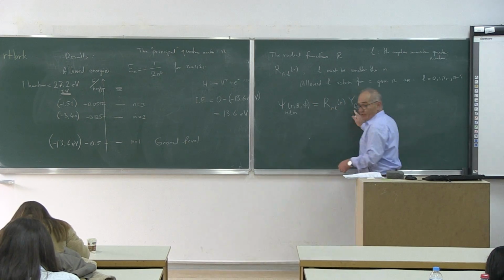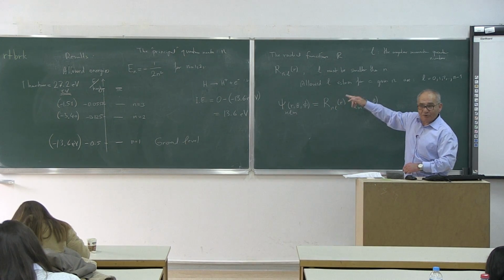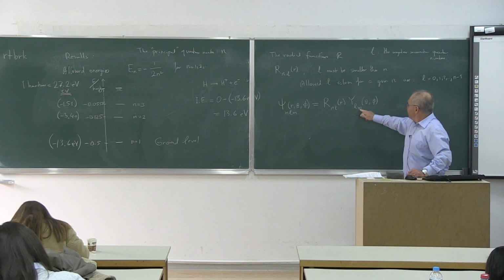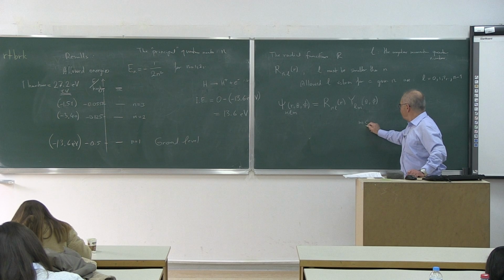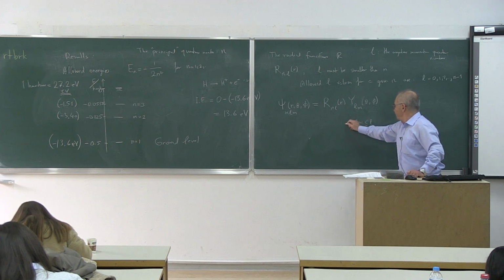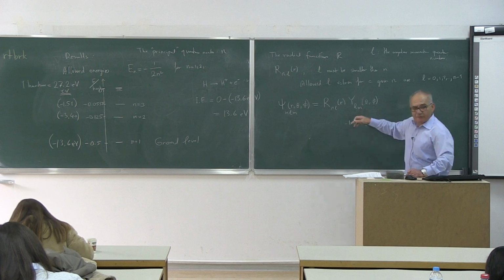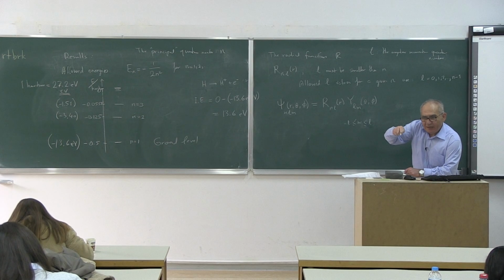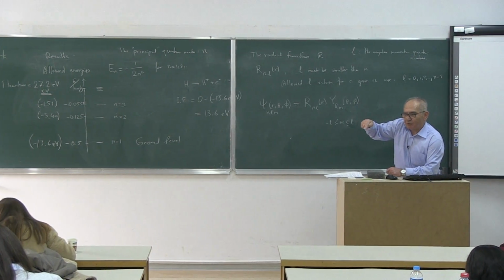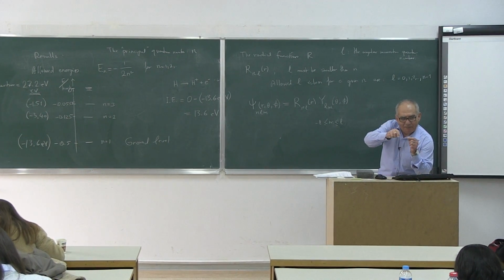We had discussed in the rotation problem that the m quantum number here is a number between plus L and minus L. Therefore, for a given L value, m is restricted. M values range from minus L to plus L.